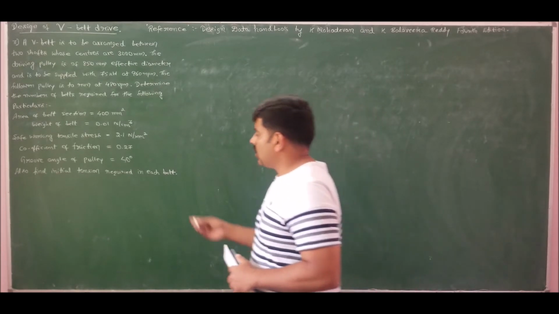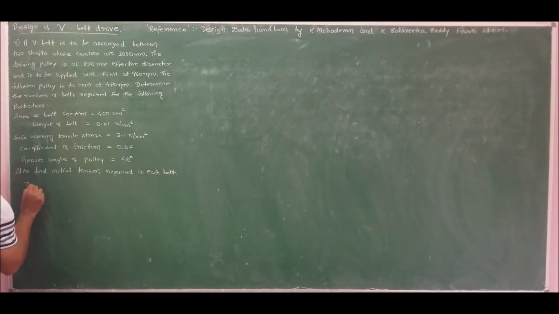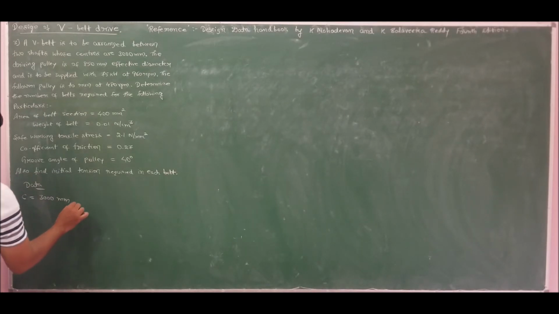Let us solve this problem. If I list out the data given, we have the data specified as V belt is arranged between the two shafts whose centers are 3000 mm. So he has given the center distance as 3000 millimeters, and the driving pulley is of 850 mm effective diameter.